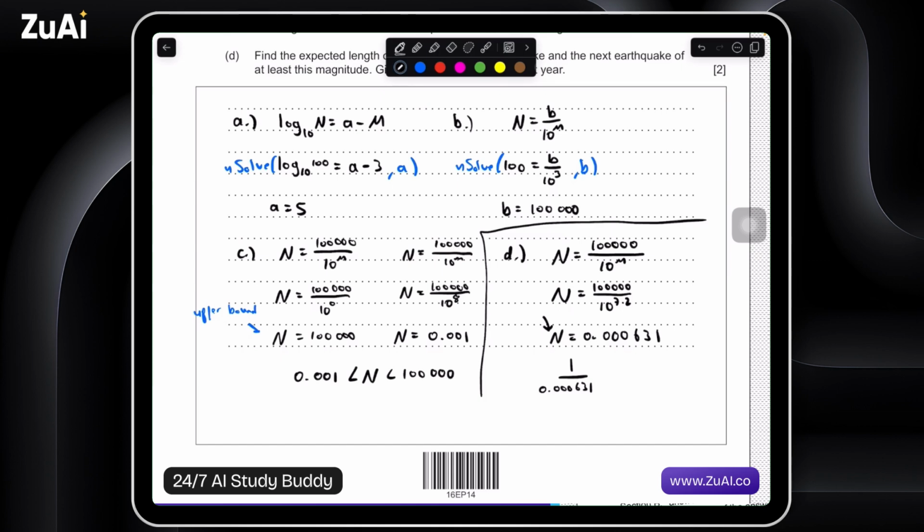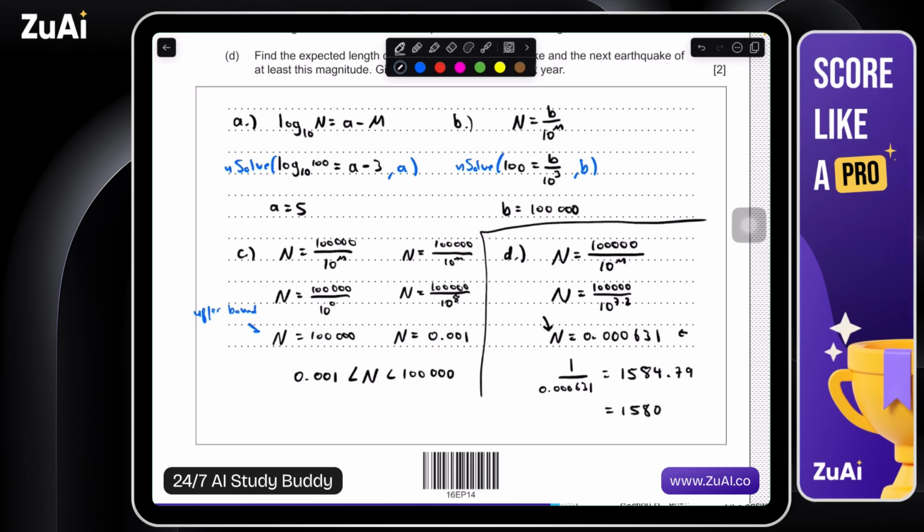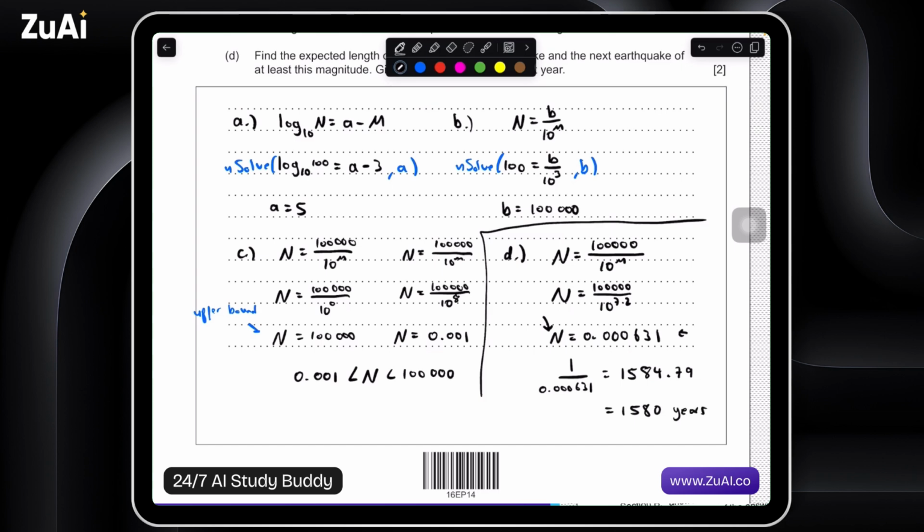So 1 over this value tells us how long we would expect between such violent, heavy magnitude earthquakes. Working this out on the small calculator beside me, we have 1,584.78, or 1,580 years to 3 significant figures.